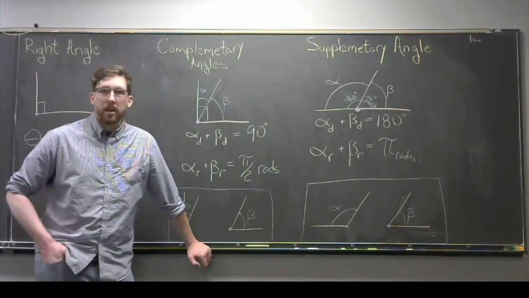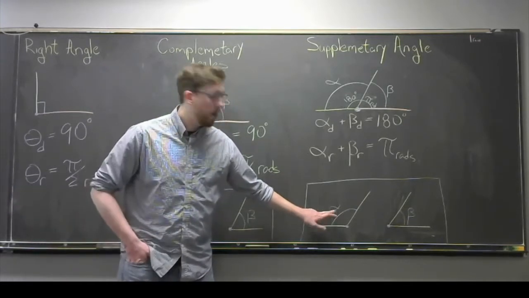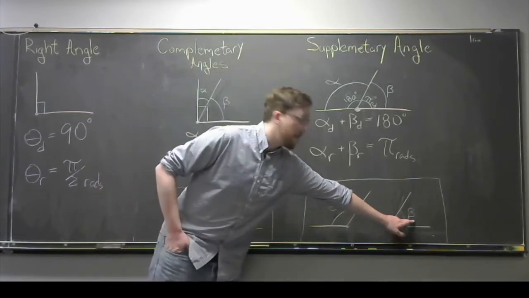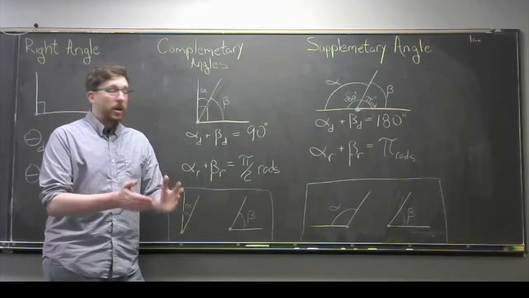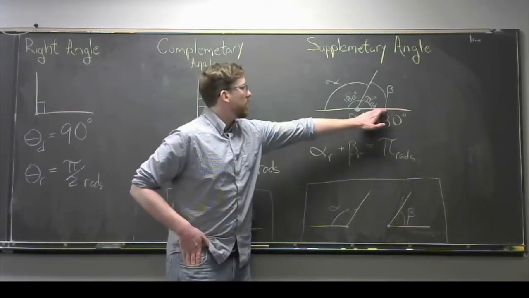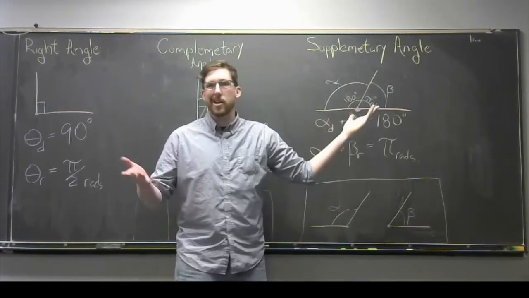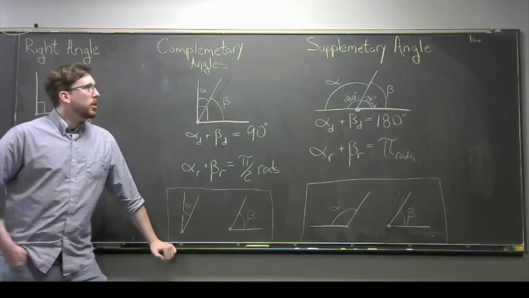So we can think again of two different triangles, one with an angular measure of alpha, the other of beta. If we were to put these two triangles together, we'd see them form a straight line with this sort of line in the middle separating. Cool.